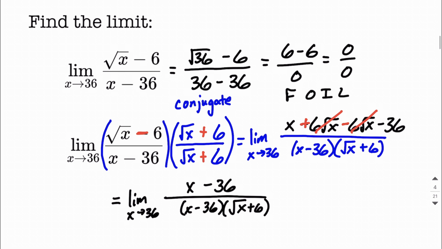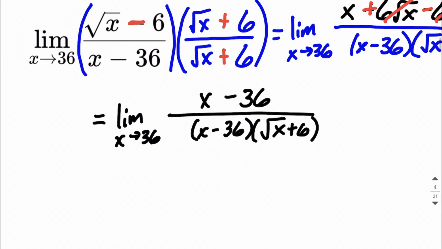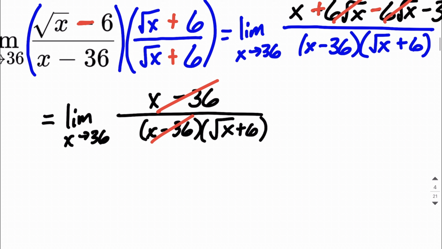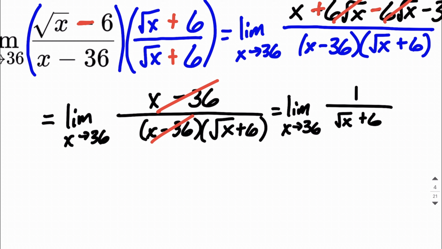But now we've gotten to the point where we have an x minus 36 multiplied by the entire numerator here, and an x minus 36 multiplied by the entire denominator. We can reduce that down to lowest terms, and we're allowed to do that because we're doing a limit. What remains in our denominator is going to be that square root of x plus 6, but we also have to keep a 1 up in our numerator as a placeholder.